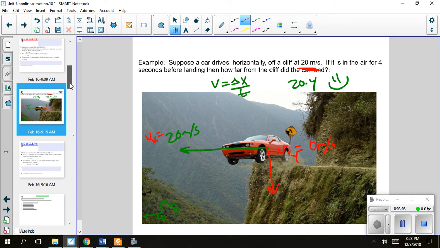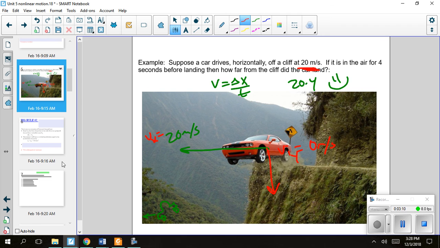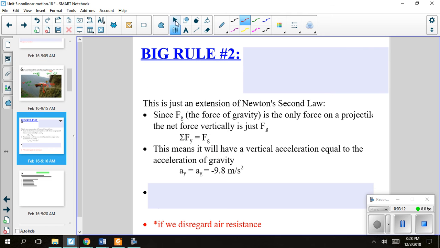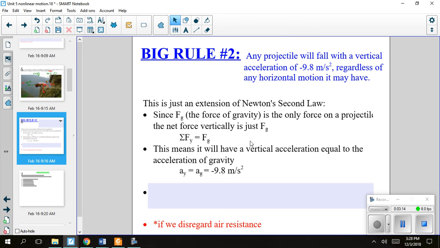All right, so now let's look at big rule number 2. A projectile vertically will still have the same acceleration as anything else that is falling down, regardless of how fast it's going horizontally.